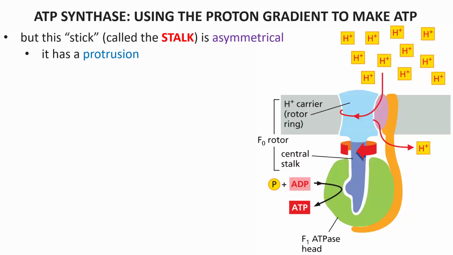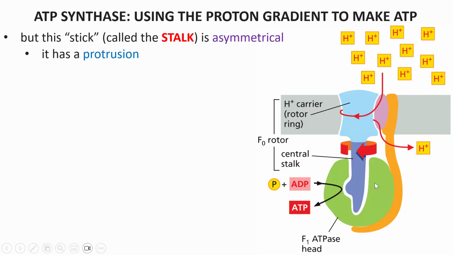So the stalk portion of ATP synthase, that's the portion that connects the rotor, the proton channel, to the head domain. It has this protrusion. It's asymmetrical. And so the textbook has depicted this correctly. This protrusion here exists. And so as the proton channel spins, and the stalk spins with it because the stalk is connected to the channel, this protrusion is going to spin.